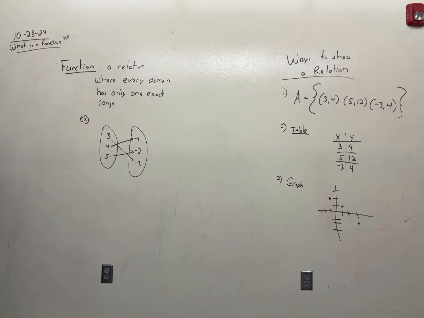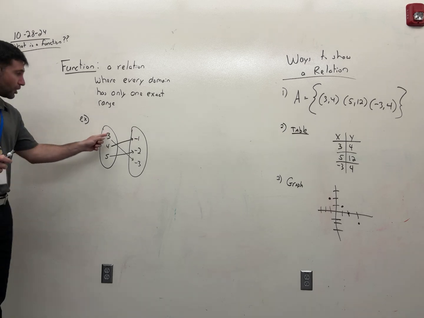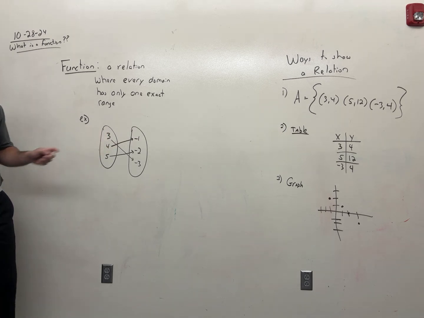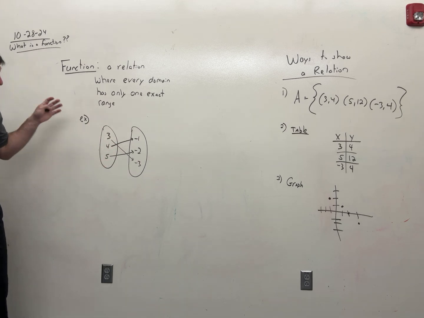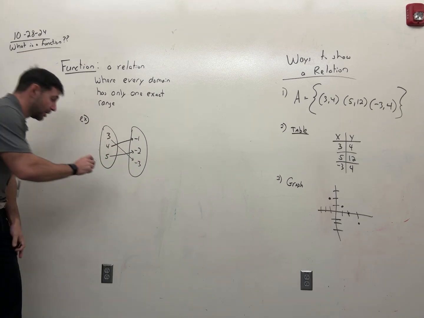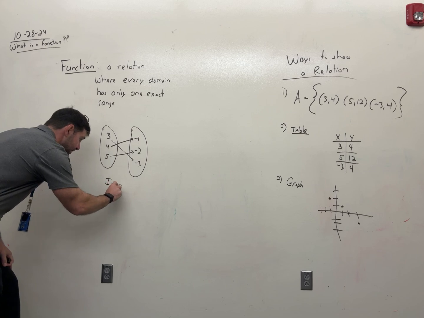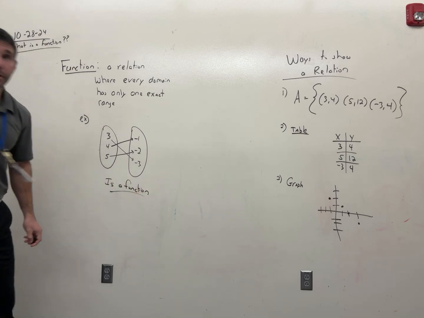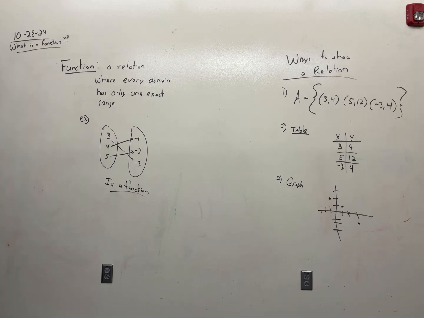You're gonna be confused for a second. Each domain only has one arrow going. That's what makes it a function. The domains can only have one arrow leaving their number. So this is a function, because the x's cannot repeat. Listen again.